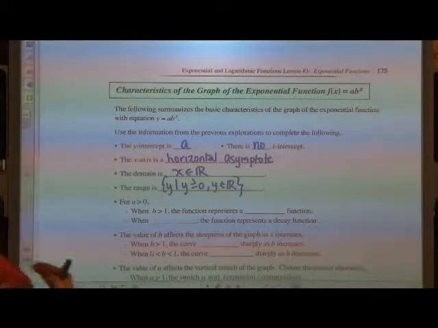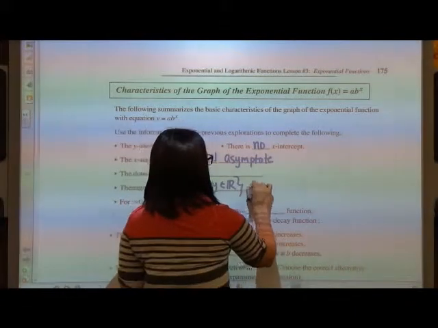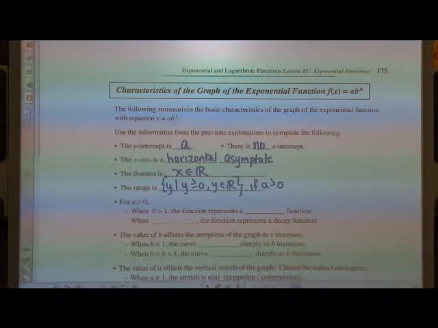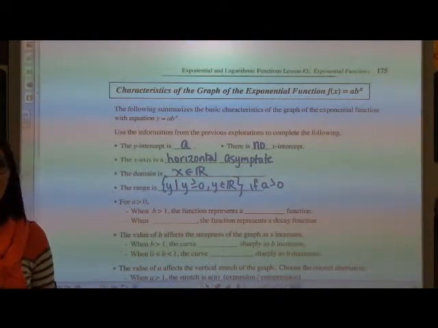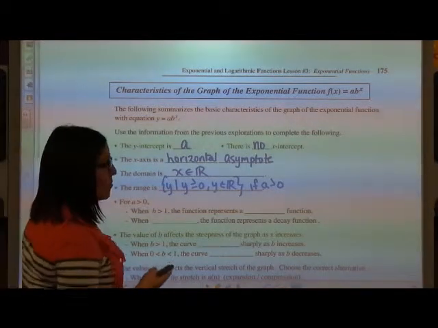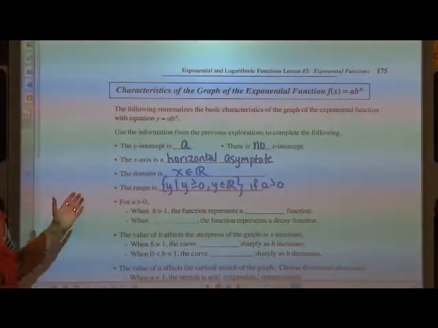That happens when my a value is positive. What would happen if my a value was negative? So if I had a negative a value, that was a replacement on y.